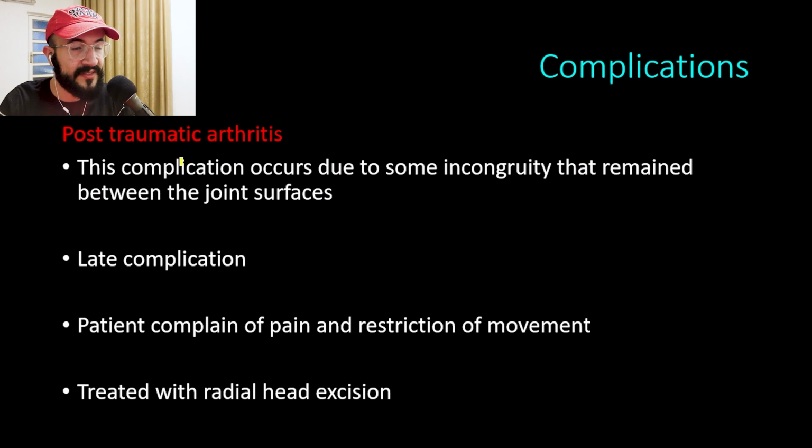Another complication is post-traumatic arthritis. This complication occurs due to some incongruity that remained between the joint surfaces, and it is a late complication. The patient complains of pain and restriction of movement, and it is treated with radial head excision.